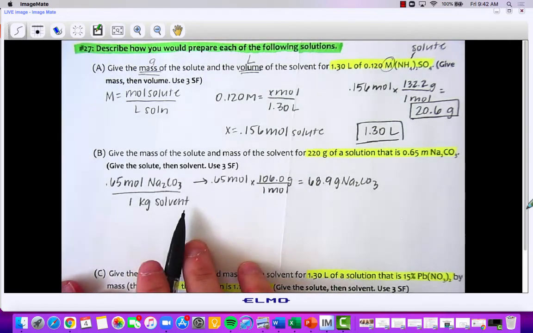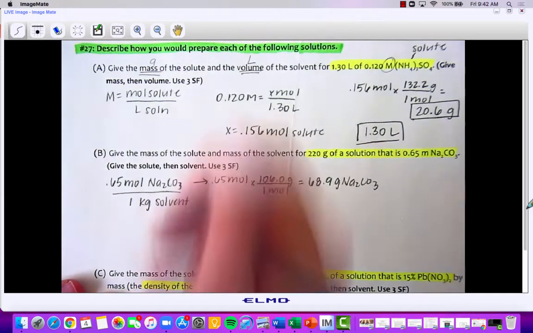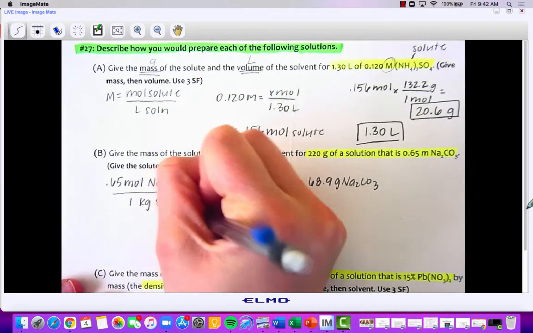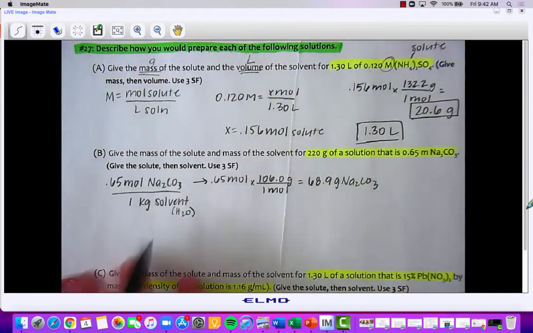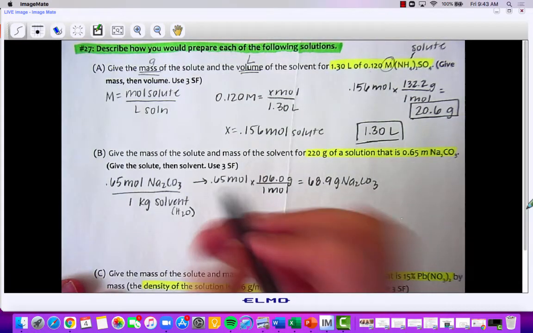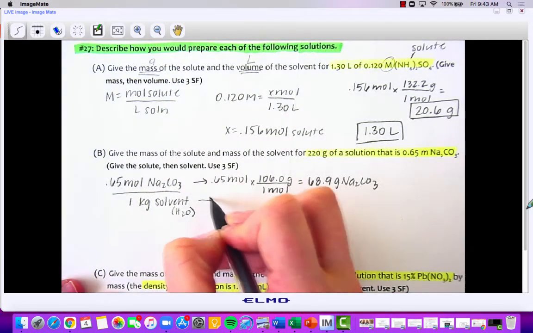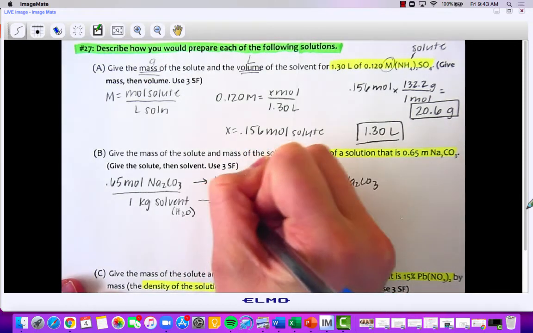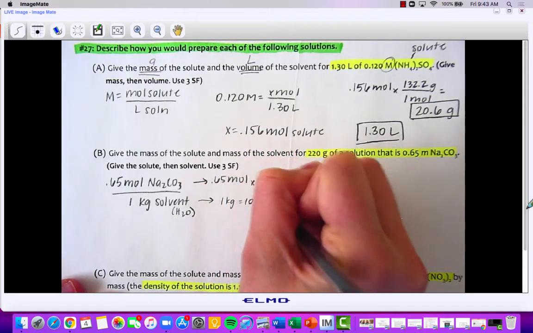1 kilogram of solvent. So again, our universal solvent is water, so this is more than likely water. Think about kilograms and what that means in grams. So remember that 1 kilogram equals 1,000 grams.